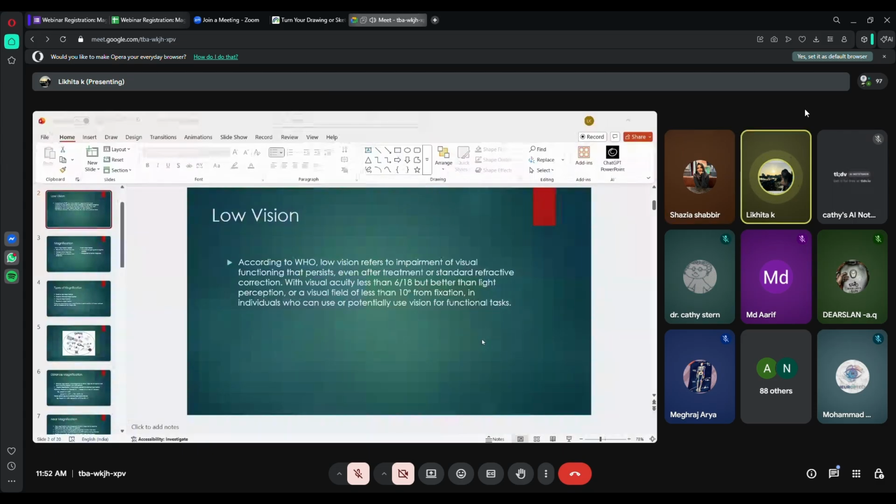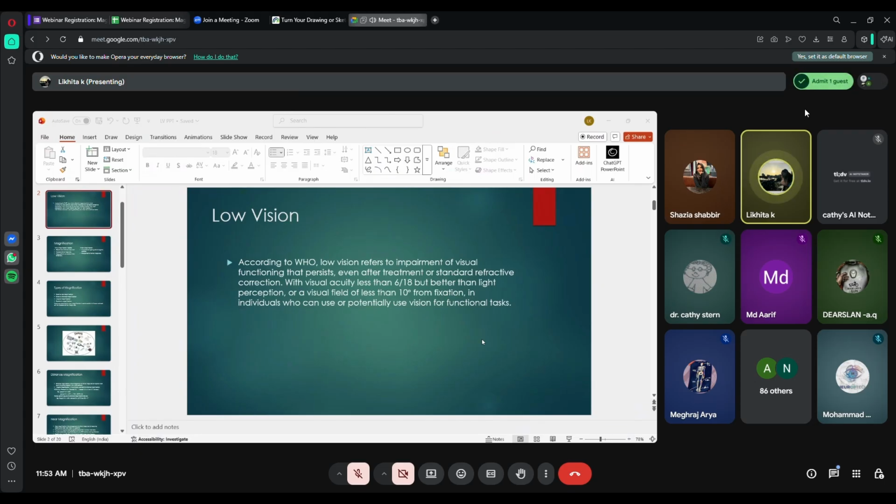See, optical devices are the different kinds of magnifiers and telescopes, like spectacle mounted magnifiers, which we use to magnify or focus on a specific object.